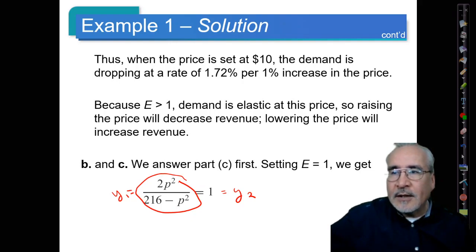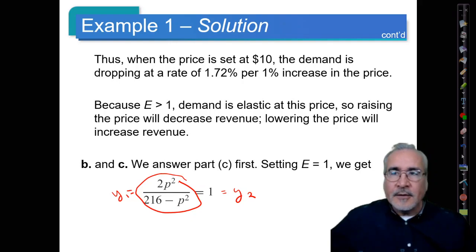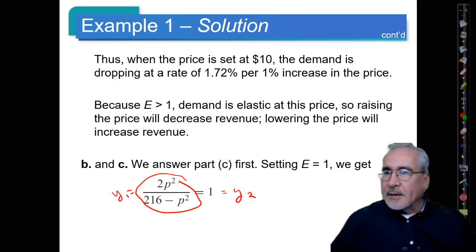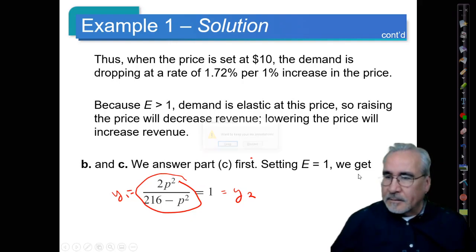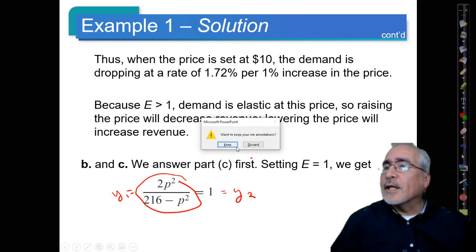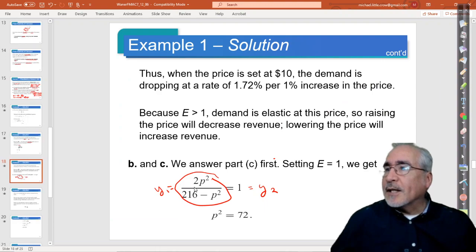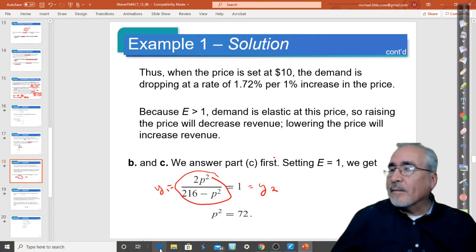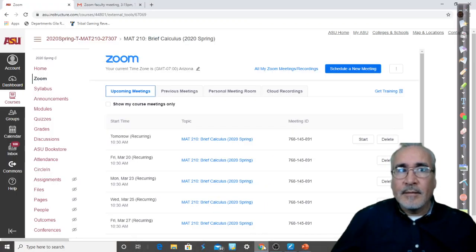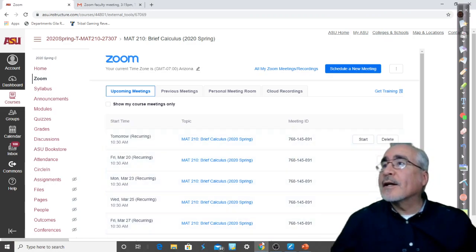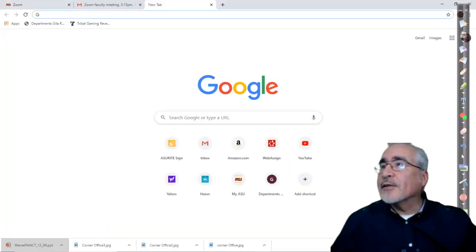Where they intersect is the value of p that will give us the best value. So let's keep these, we'll come back to it. Here we are. Let's go to decimals.